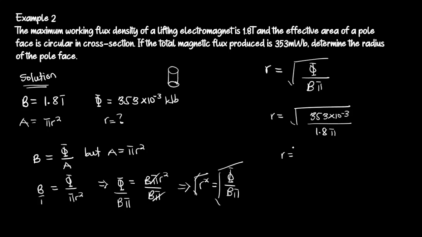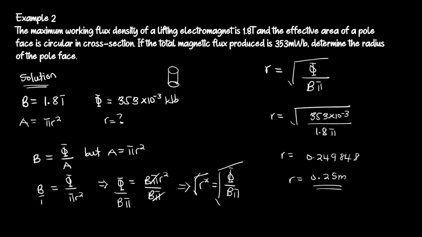So if I compute all this in my calculator, the root of the ratio 353 times 10 raised to the power minus 3 over 1.8 pi is going to give me a radius of 0.249848, which I can approximate as 0.25 meters as the radius in this particular case.